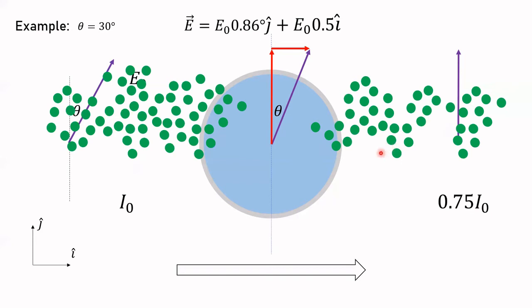You've got 75% of the original photons actually making it through, right? If intensity results from the number of photons, then less intensity would mean fewer photons. So I didn't count these exactly. Please don't check. Why would you do that? What a waste of time. But hopefully this looks like approximately 75% of the number of light quanta or photons over here. So if that's true, if 75% make it through, then 25% don't.